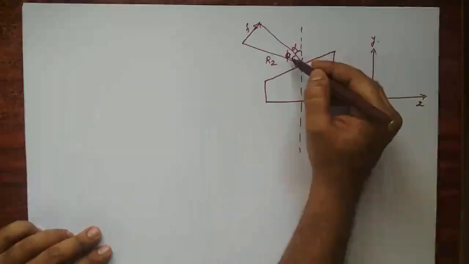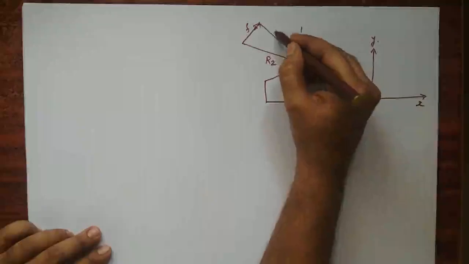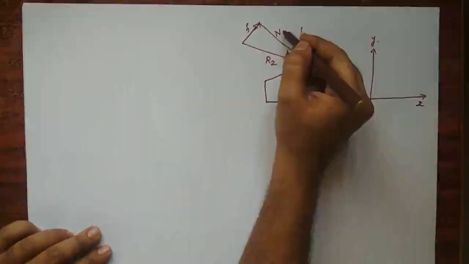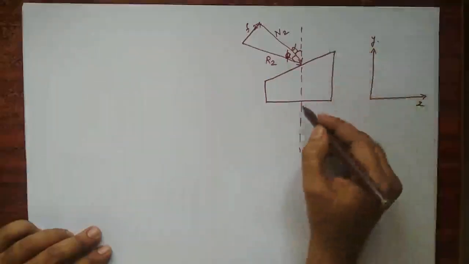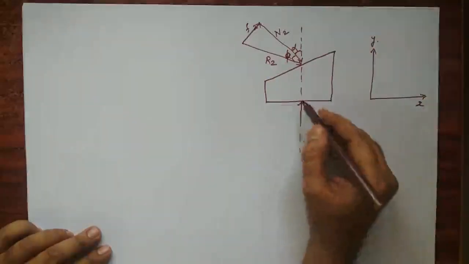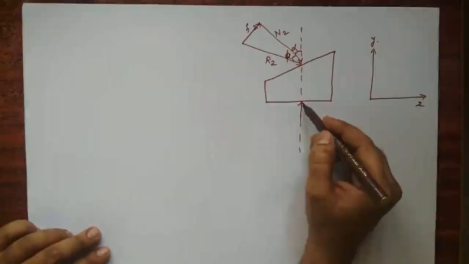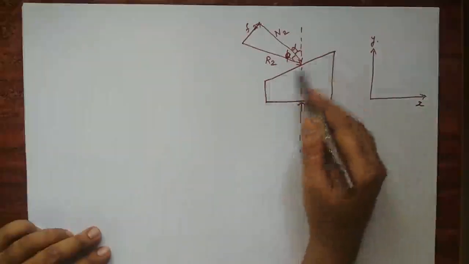It is perpendicular to this line. So instead of N2 and F2, I am replacing these two forces with a common force R2. And similarly, this is N3. It is always this reaction, that is normal reaction, perpendicular to this surface.